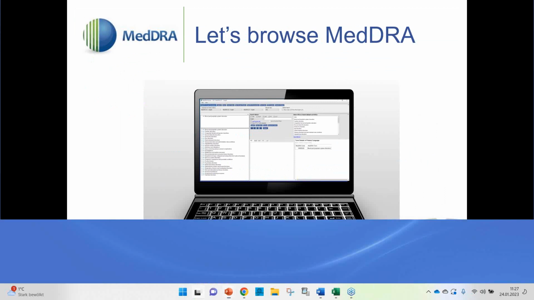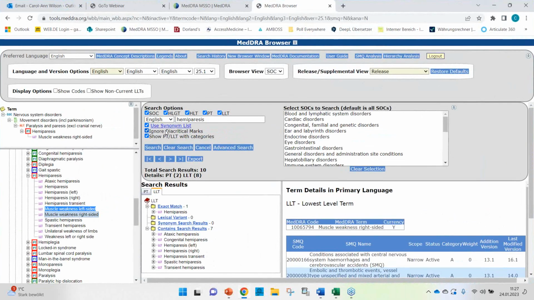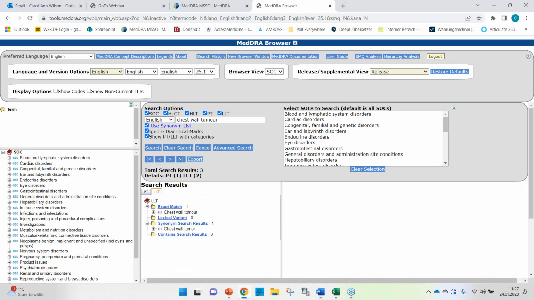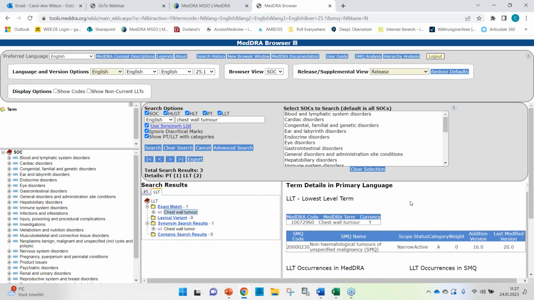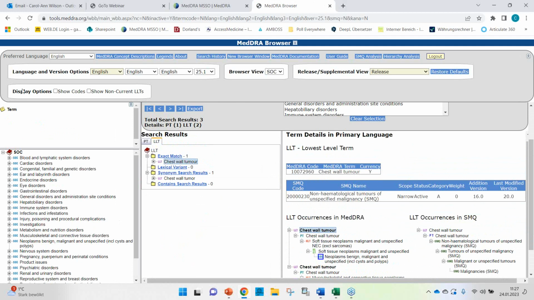So let me shortly show you in the browser again. Here we are. So, of course, we have specific terms for all these options that we saw in the poll. Chest wall tumor is available. But as you can see, it's grouped in the neoplasm SOC based on the classification in MedDRA.